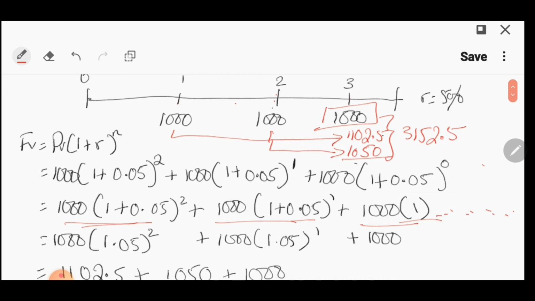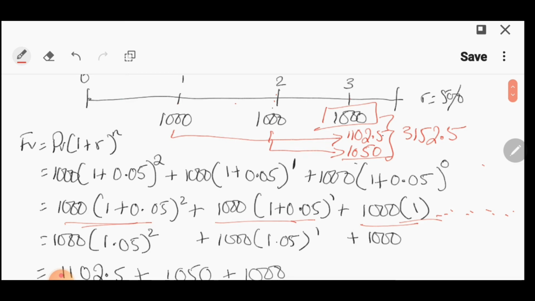So the questions can be quite tedious. But over here, because you have a pattern, and the pattern is that the cash flow does not change, the interest rate does not change, and you know when the payment is going to end, you can actually use a formula that is easier to use and that will give you the answer quicker.